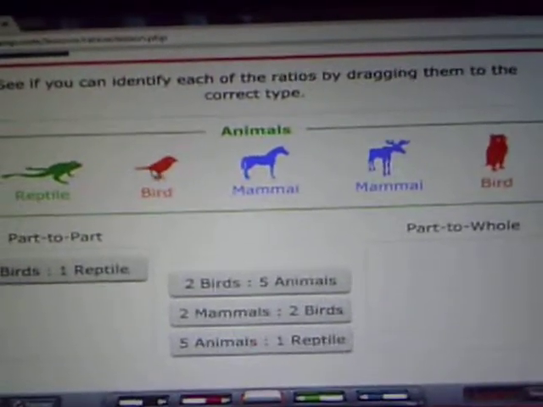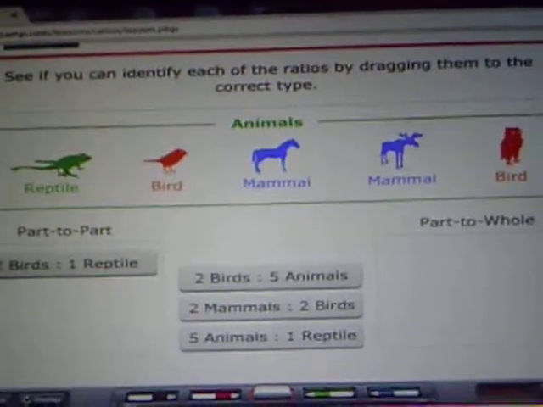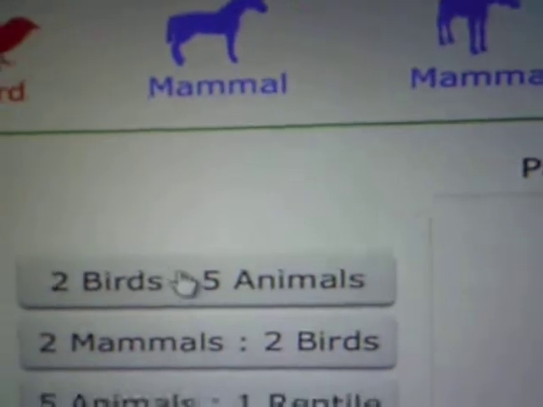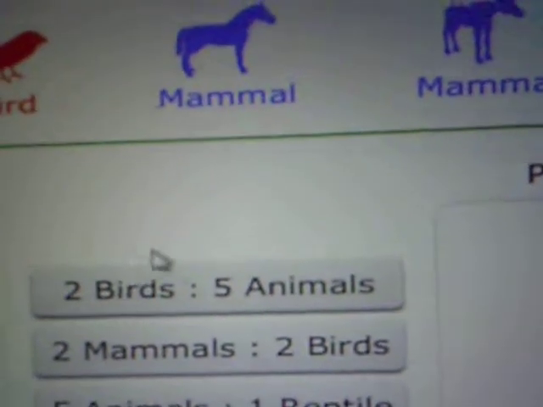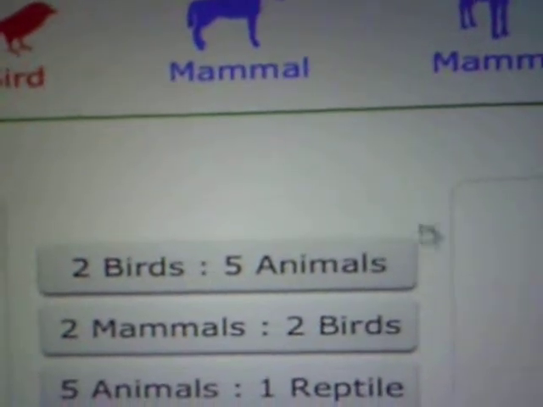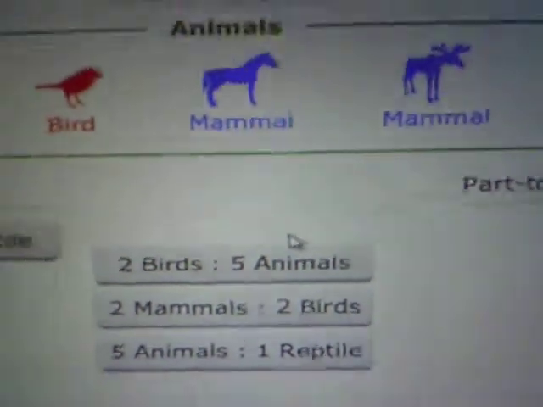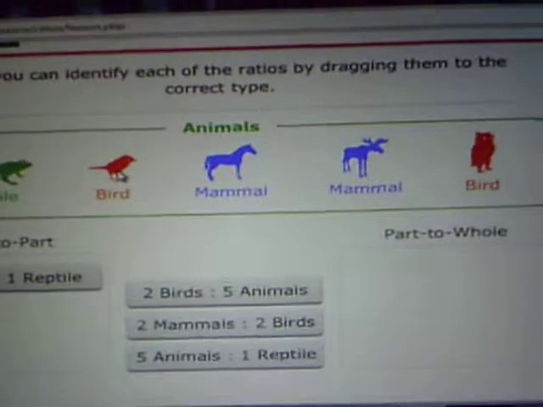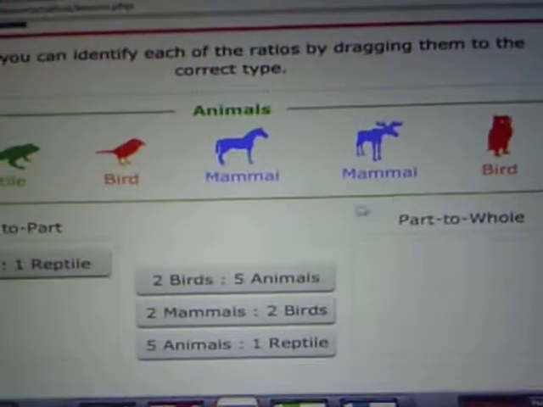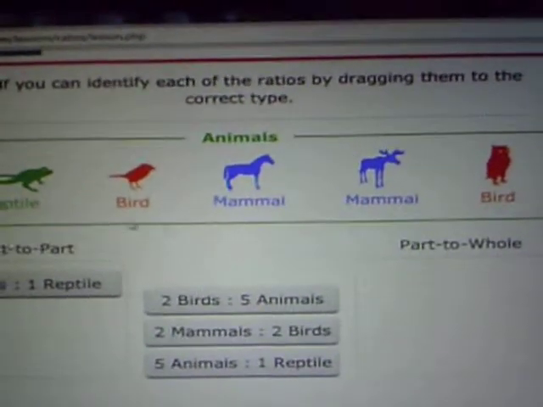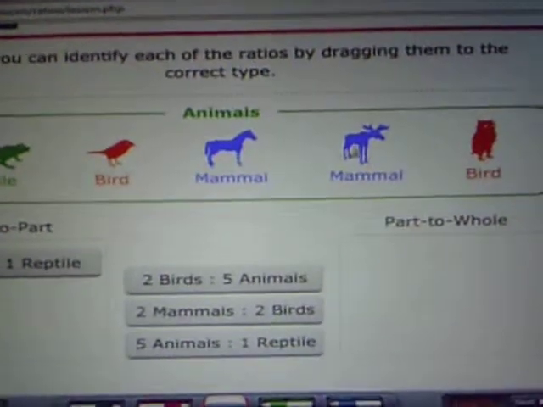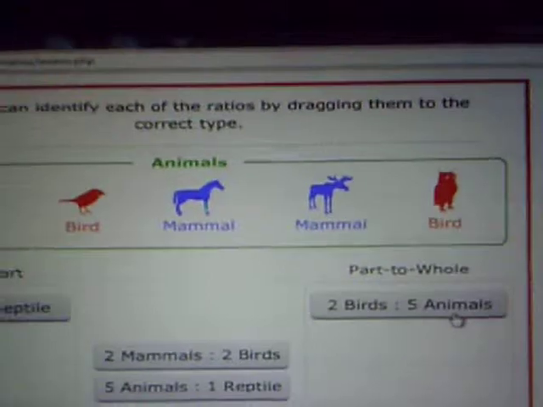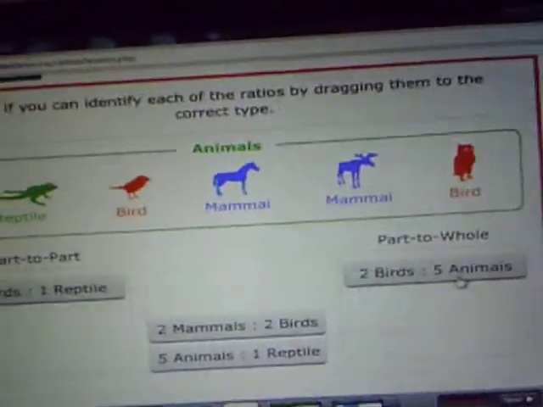We're comparing the part that's birds to the part that's reptiles. As opposed to this ratio, which is 2 birds to 5 animals. In this ratio, we're comparing the part that's birds to all the animals in the picture, which there are 5. 2, 3, 4, 5. So this would be a part-to-whole ratio, because we're comparing a part, the birds, to the whole thing.